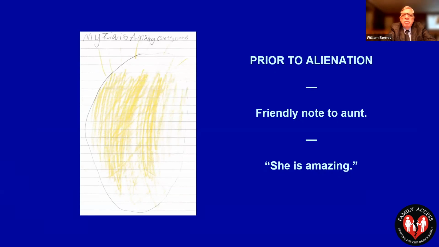And then I'm not sure what this yellow thing is, but it seems like a pretty picture. Oh, maybe it's a sun, because at the top you can see those yellow lines coming off, which is the way children do sun rays. So maybe this is a very nice, friendly sunshine. And she's saying, my aunt is amazing.